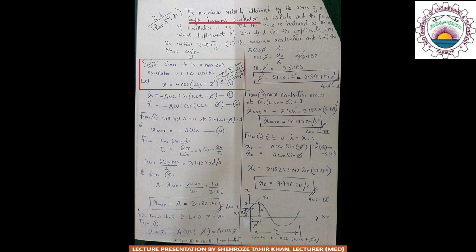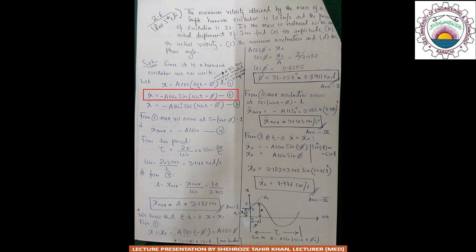By taking the time derivative of the above equation, we get minus a omega n sine of omega n t minus phi. So this time derivative gives the function of velocity.